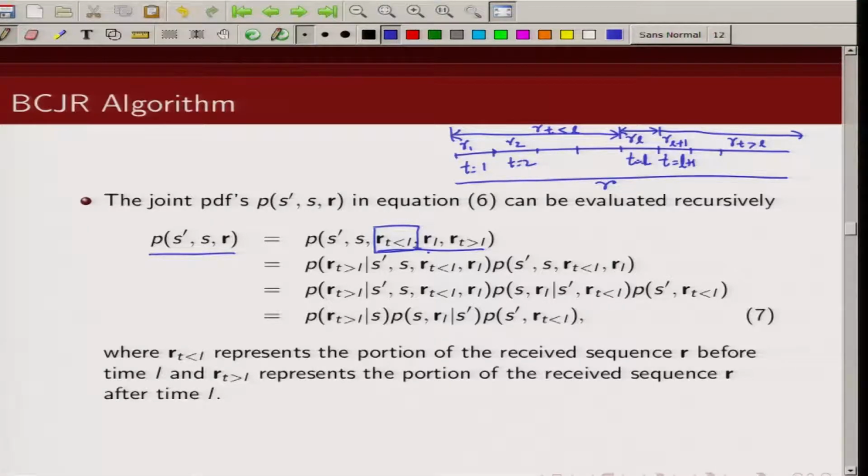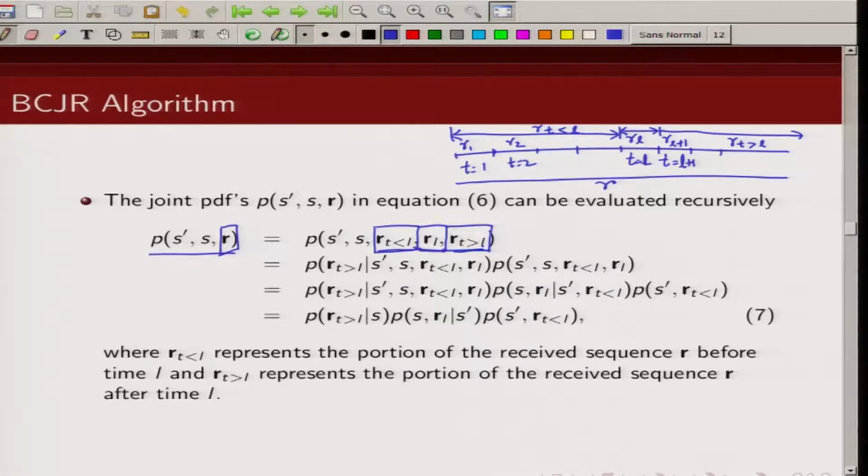So, what I did was I split this R into 3 segments. One is R corresponding to time less than L, R at time L, and R at time greater than L.